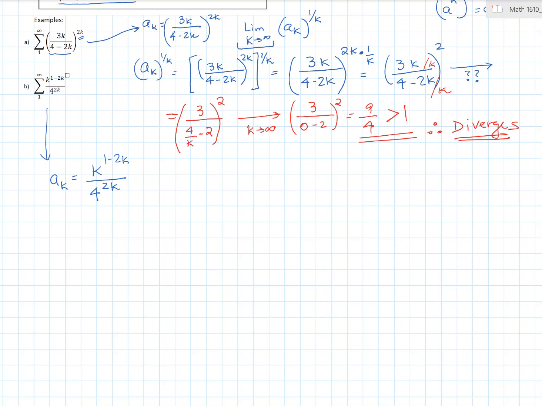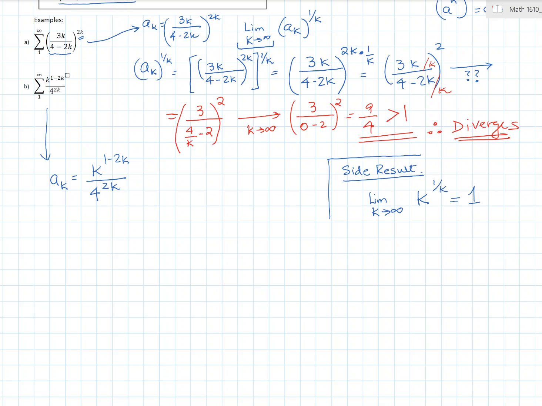Before we start working on this, let me give you a side result. It says that the limit as k goes to infinity of k raised to the power 1 over k is 1.